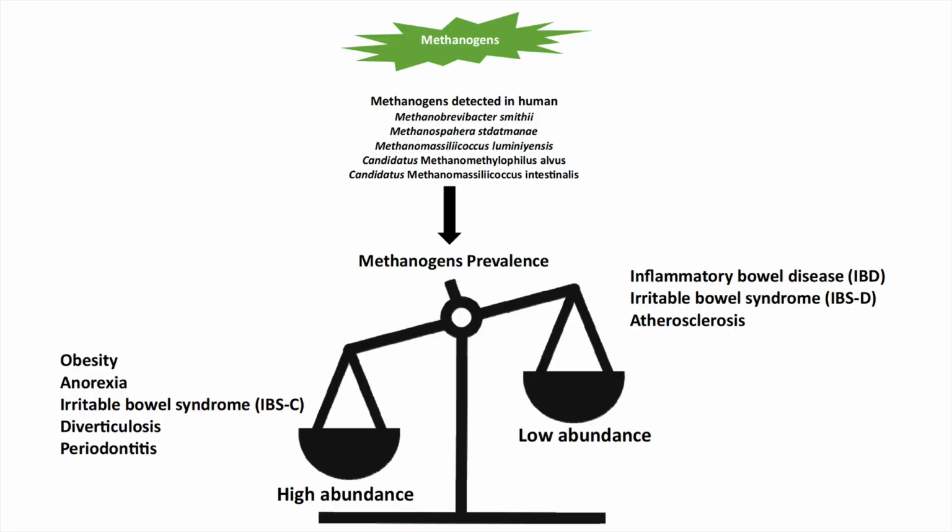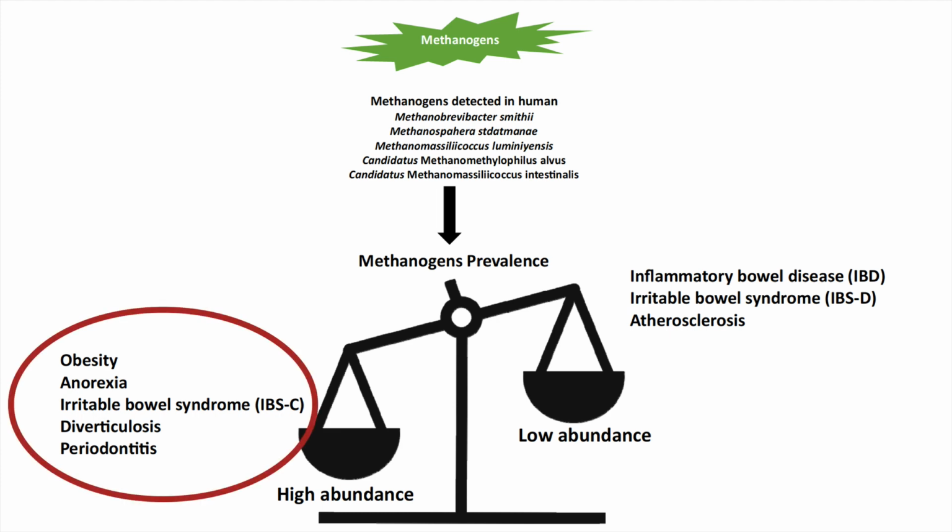And this is a pretty helpful figure from that review paper illustrating the various conditions that have been associated with either high or low levels of methanogens. So if you look on the left here, basically these are the conditions that have been established to be associated with a high abundance of methanogens. That again includes obesity and anorexia, so the two ends of the extreme, irritable bowel syndrome, constipation dominant, as well as diverticulosis and periodontitis.